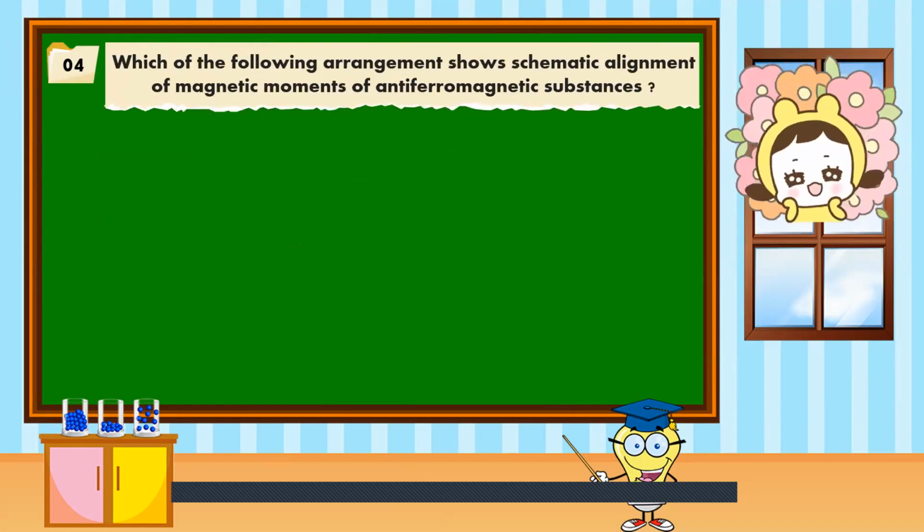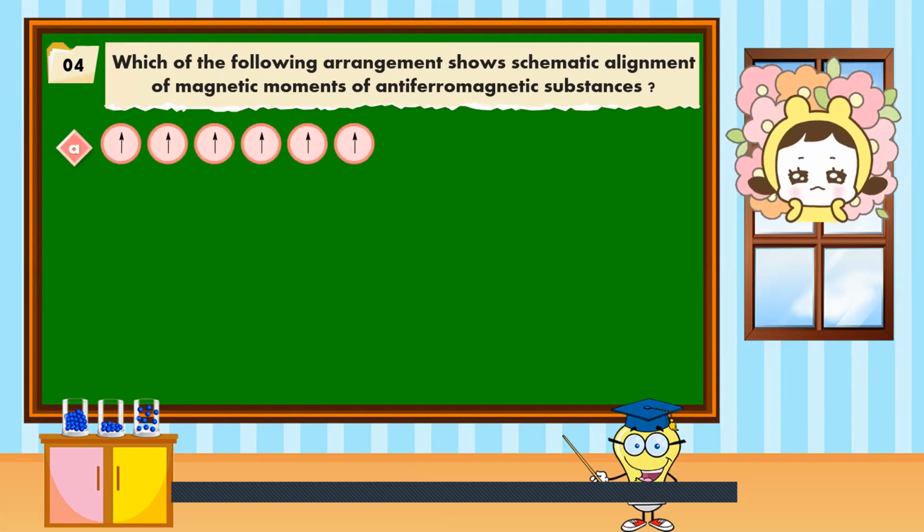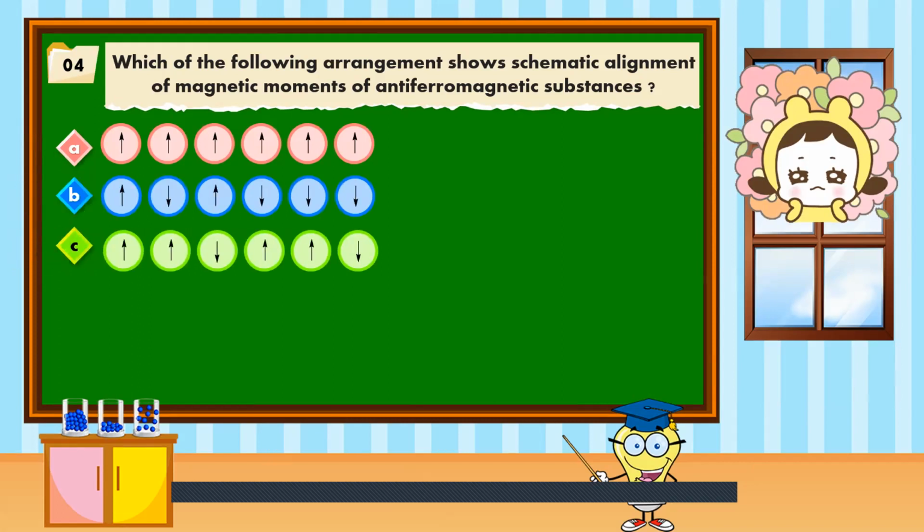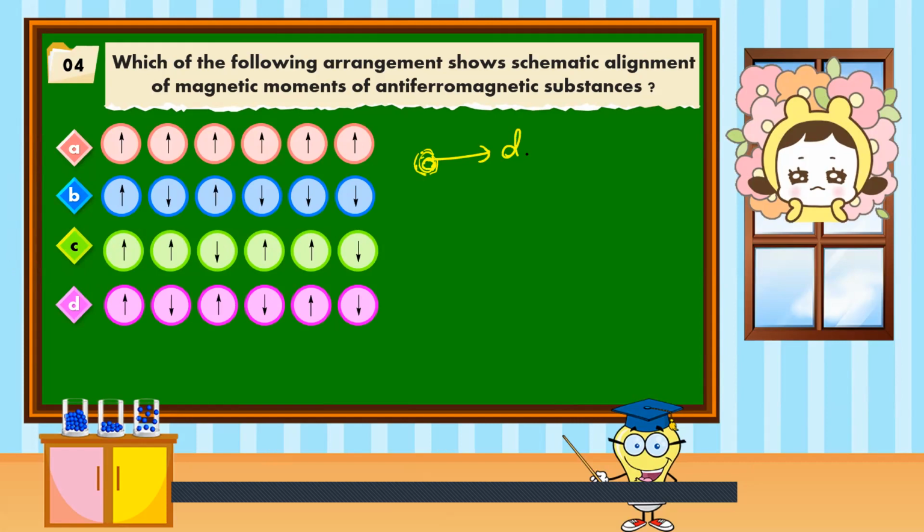Which of the following arrangements shows the schematic alignment of magnetic moments of antiferromagnetic substances? What are these antiferromagnetic substances? See, in a solid, metal atoms are present. These metal ions are grouped together into a domain.